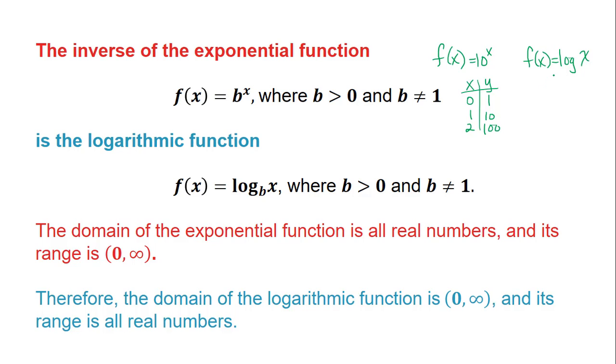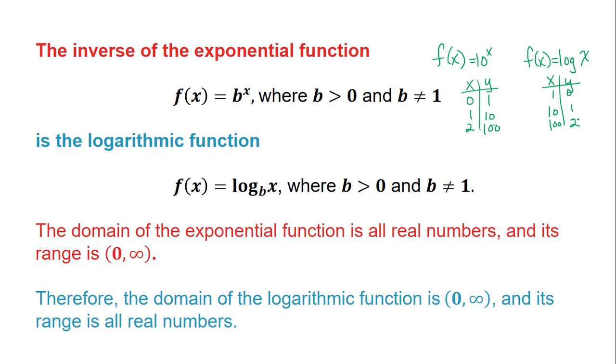But in the log function, my inputs are 1, 10, and 100, and we just found with the calculator that the log of 1 is 0. The log of 10 is 1. The log of 100 is 2. So there again we see that x and y interchanging that we've talked about with inverse functions.